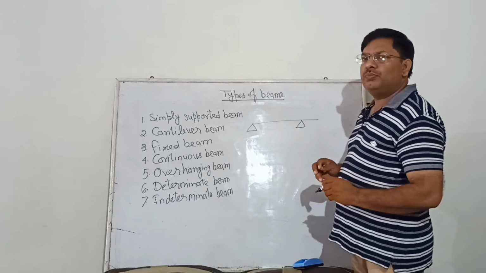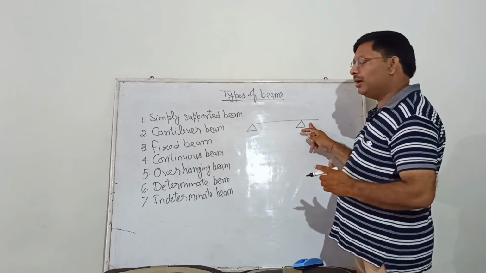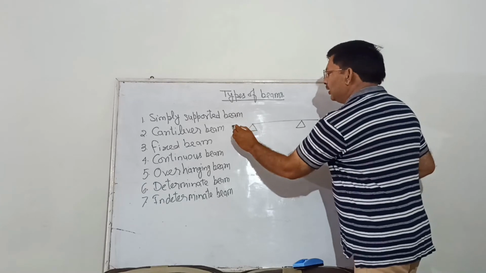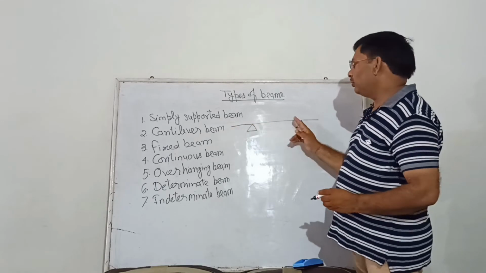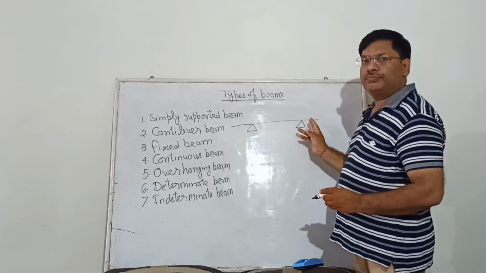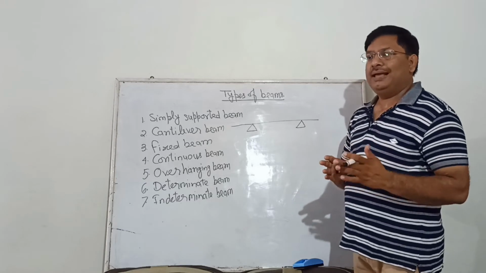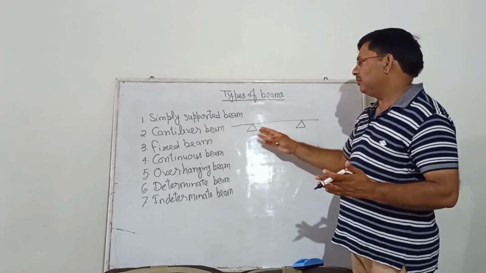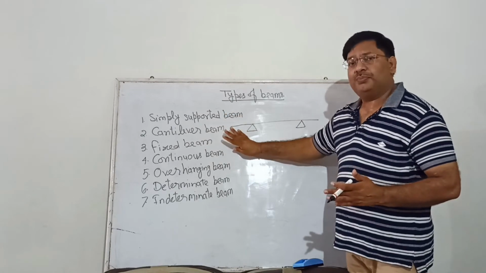Overhanging beams may be of 2 types: single sided overhanging, or both sided overhanging. You can see in this diagram, this is a both sides overhanging beam. So the beam in which some length extends beyond the supports is known as an overhanging beam. So these are the main 5 types of beams.